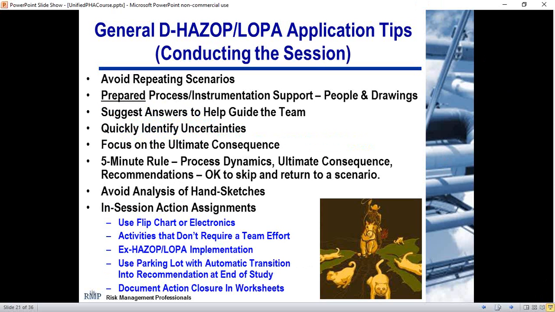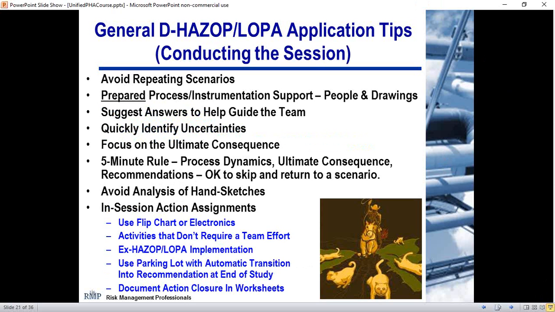If something needs to be implemented outside the HAZOP and LOPA, give them an assignment. Parking lots are terrific, but I usually give them with the caveat that anything that's not resolved by the end of the team sessions is transitioned into a HAZOP or LOPA recommendation.